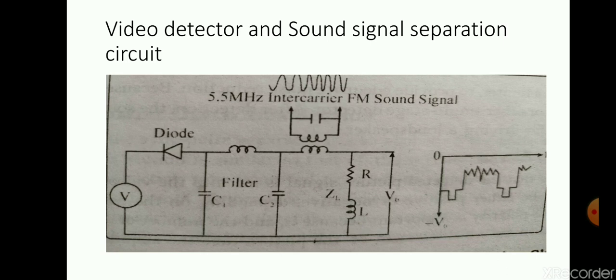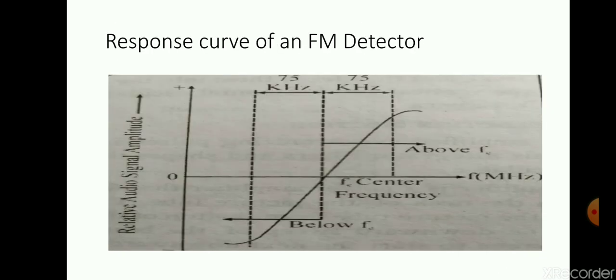Now here you can see the video signal is of correct polarity for feeding to the cathode of the picture tube after one stage of video amplification. Next is the response curve of an FM detector, that is frequency modulation detector.